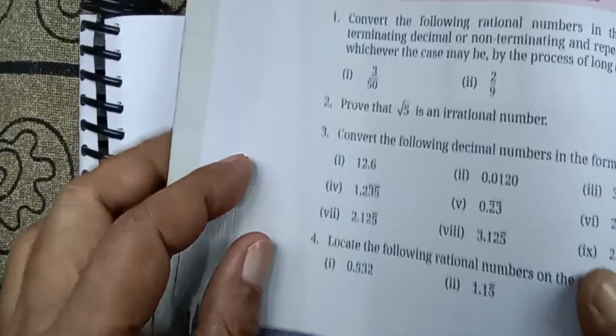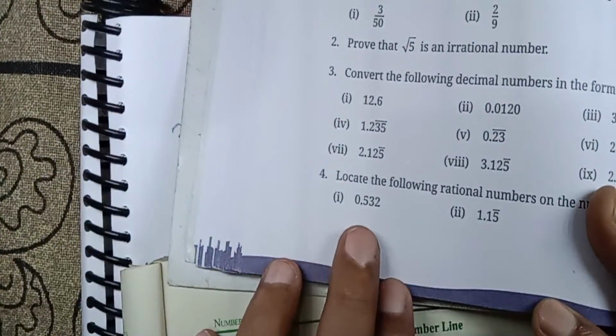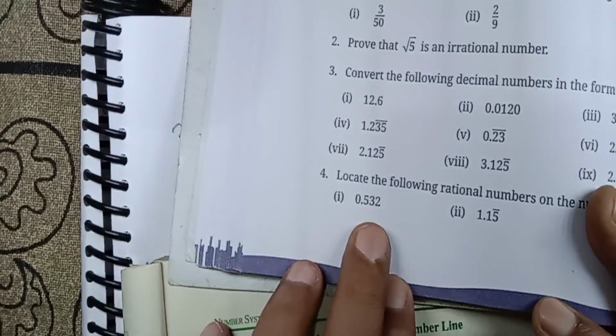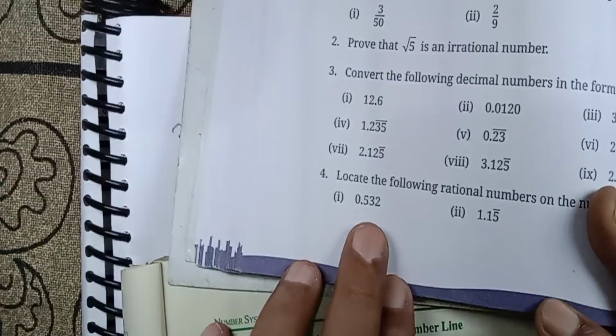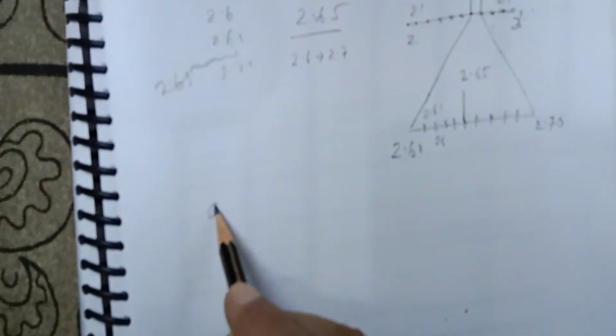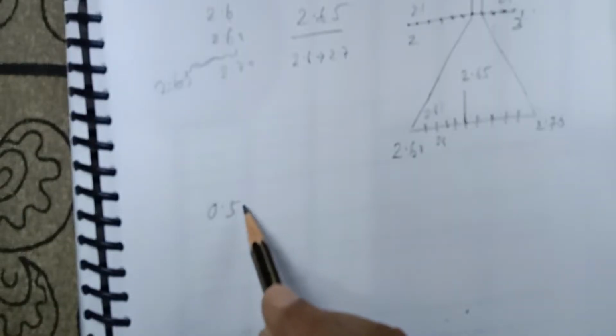अभी टू योर क्वेश्चन, in the new book it is written 0.532. So you have to write the number 0.532.